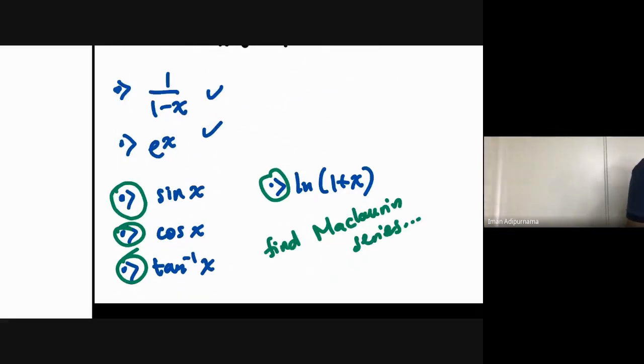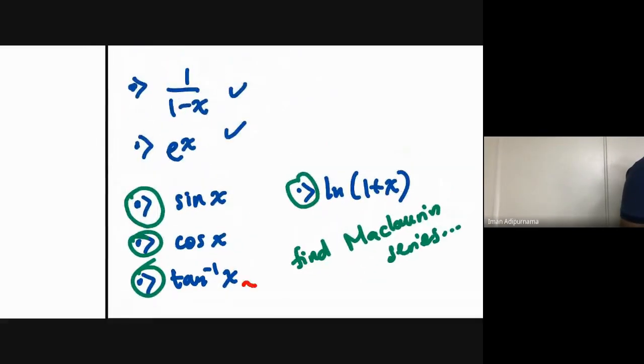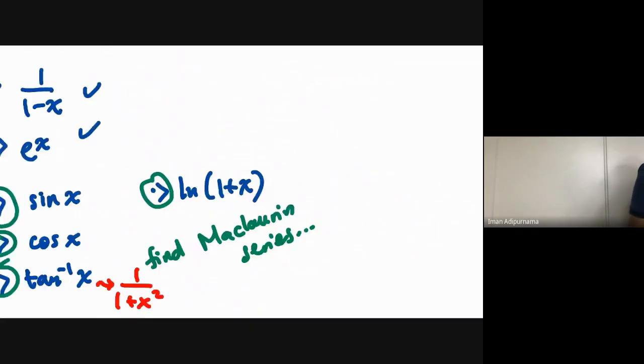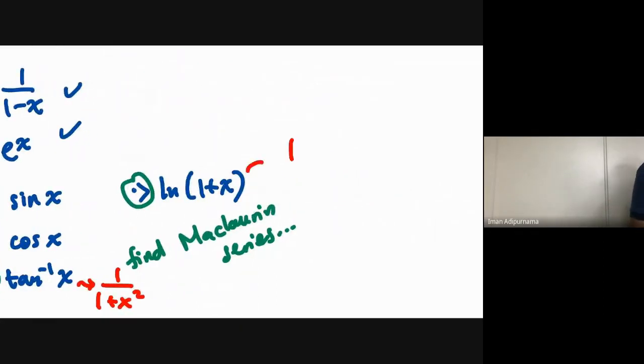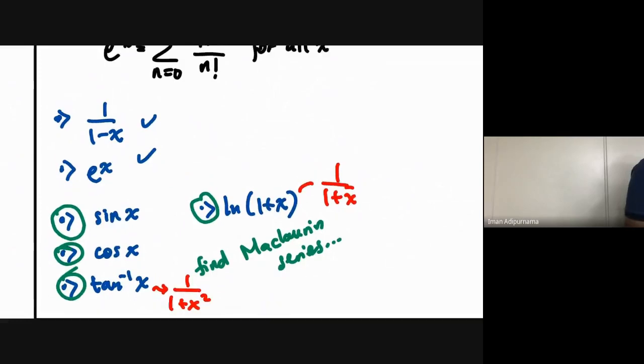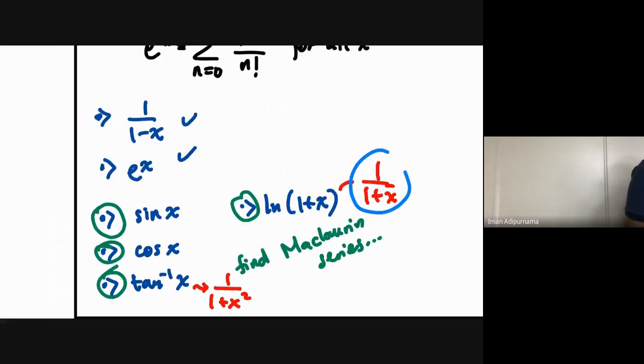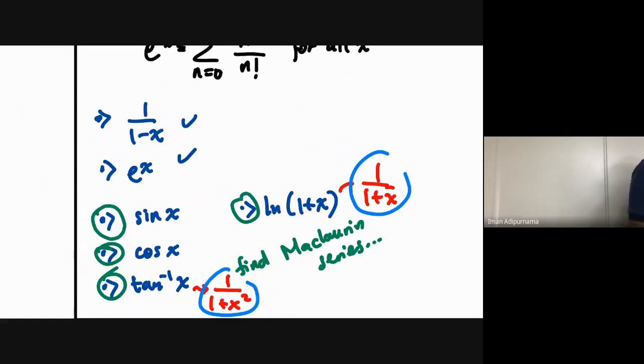Let me give you the clues so that you can expand by yourself. So tangent inverse has a relation with 1 plus x squared, right? Through the integration. And ln, you can also have a relation with this, with derivative. And if you have these two formulas, then you can relate to formula number 1.